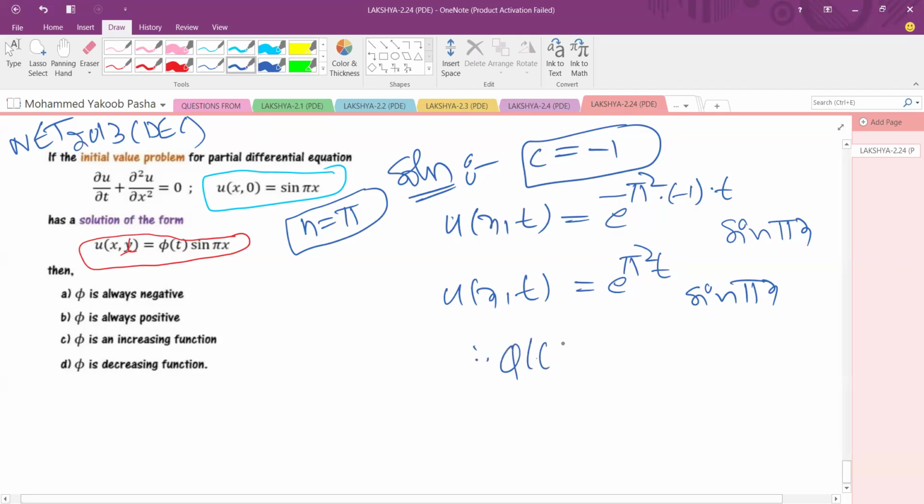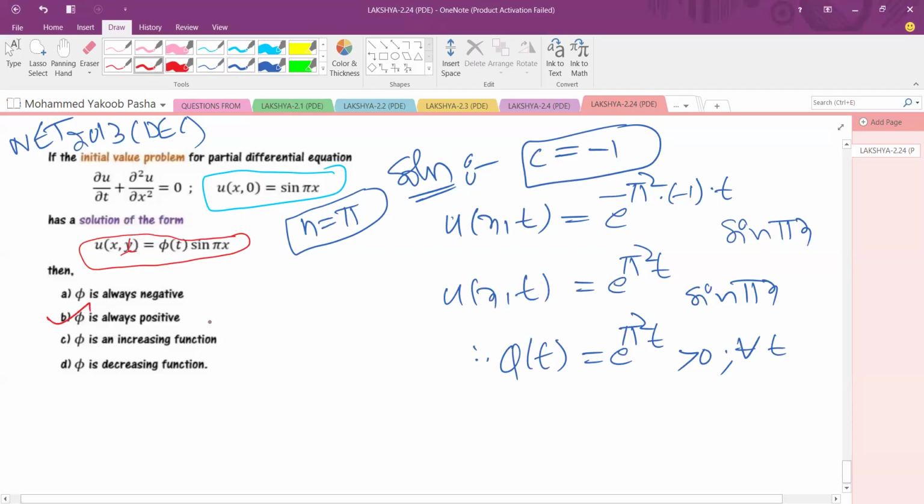Therefore, φ(t) is equal to e^(π²t). Is it positive or negative, increasing or decreasing? First, positive or negative? This is positive for all t.